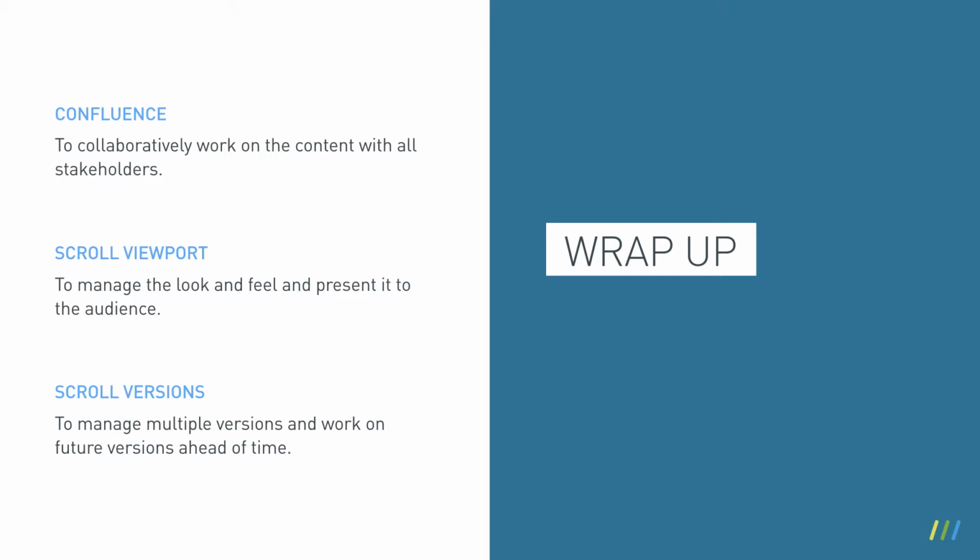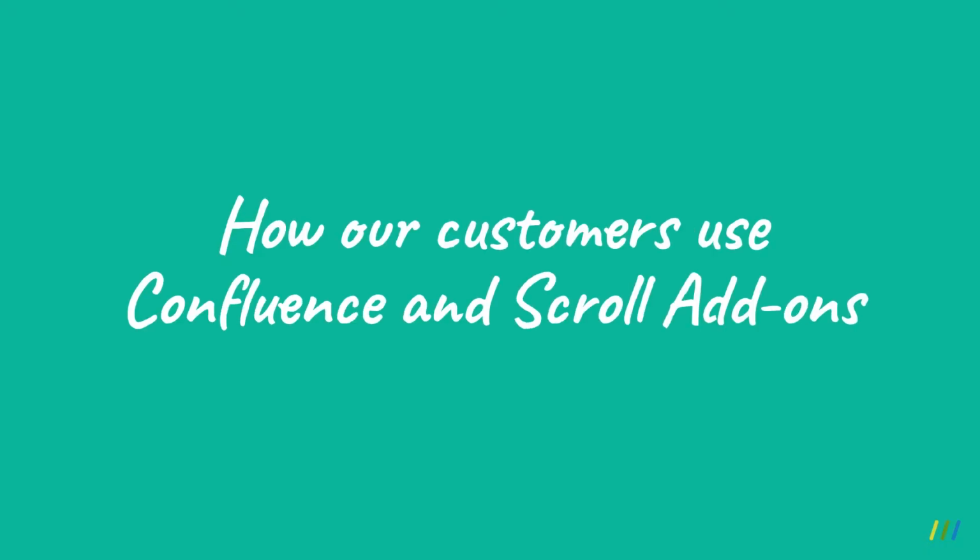And to manage multiple versions of our documentation, we are using Scroll Versions to work in parallel on the documentation process and keep track of multiple documentation versions. But of course, we haven't created those products just for us internally, but mainly for our customers. So as promised, I also brought a couple of customer examples, which I want to share with you now.